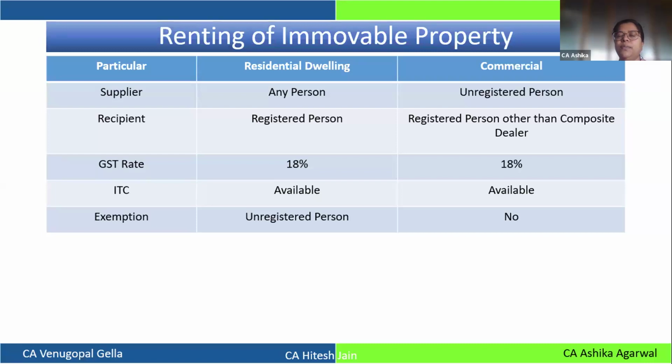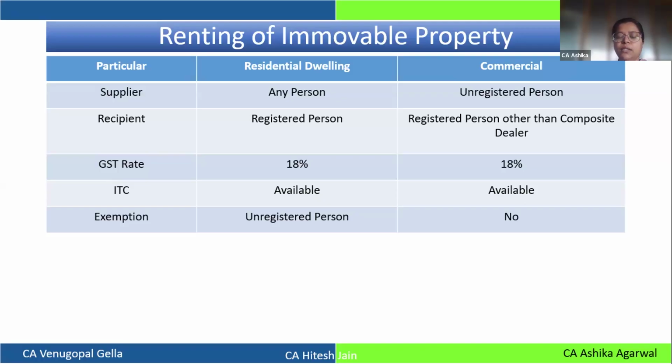And that company being registered, even though it is a residential dwelling used for residential purpose, then also GST is applicable and it needs to be paid under RCM. You might be saying why it has been done. Anyhow, it's for residential purpose, but the intention of the government is very clear, like what Hitesh highlighted.